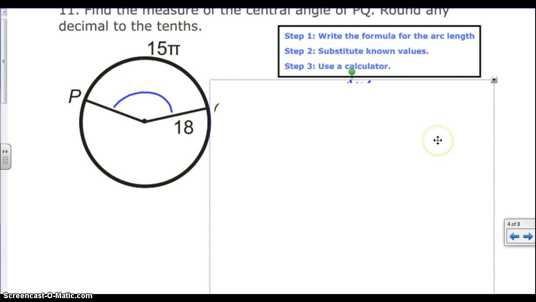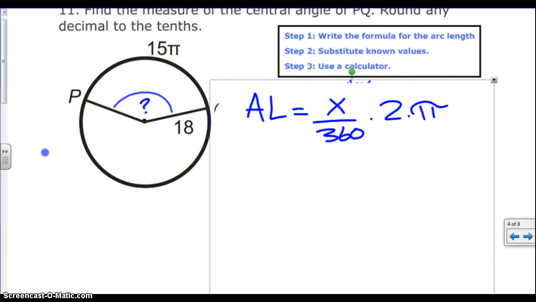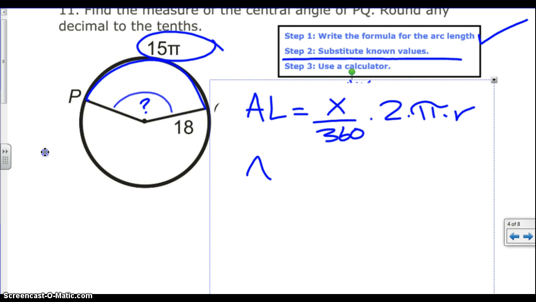In this case, we're trying to find the actual angle. We don't know that, but we're still going to write our equation. So AL equals the measure, or x, over 360 times 2 pi r. Now what did they give us? They gave us the arc length of 15 pi and a radius of 18.